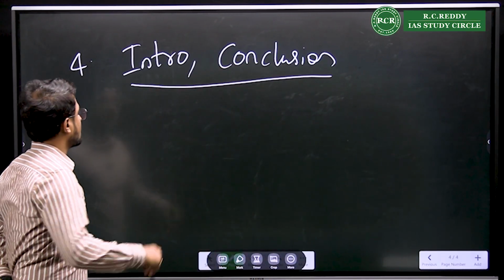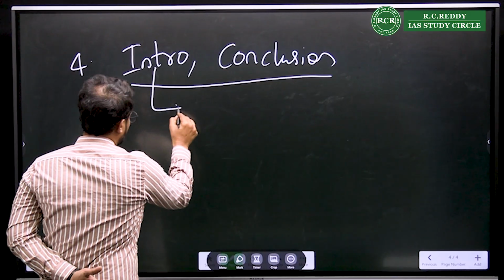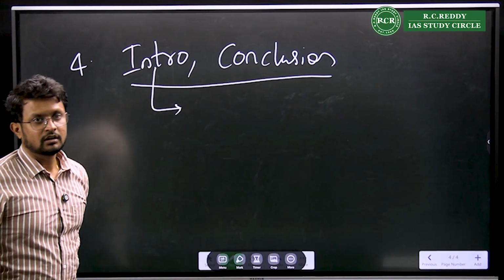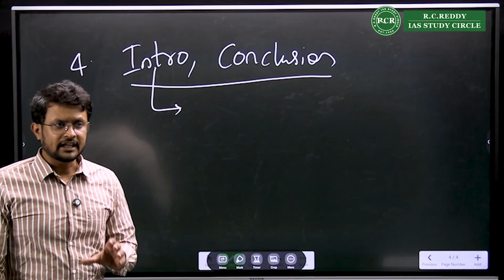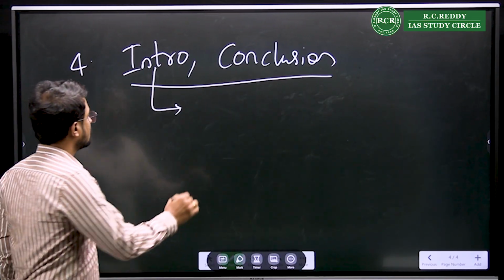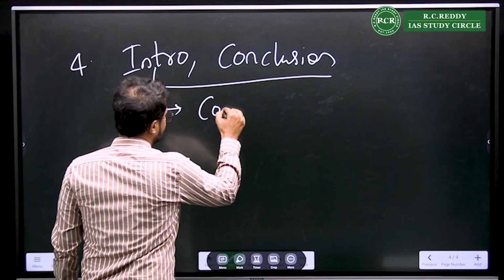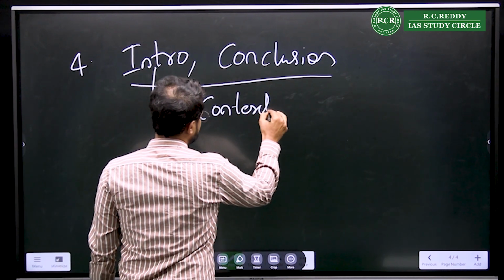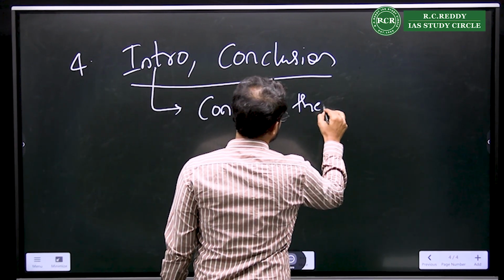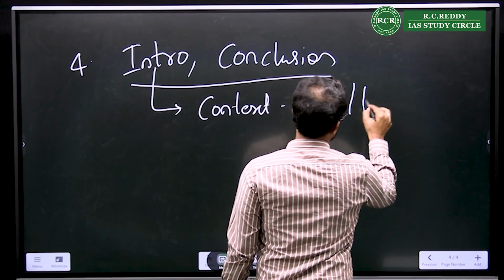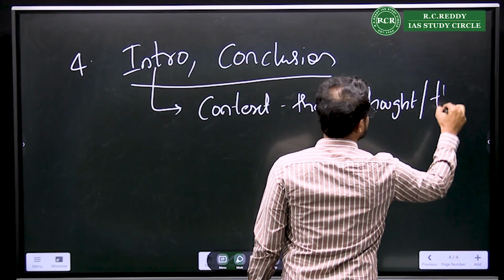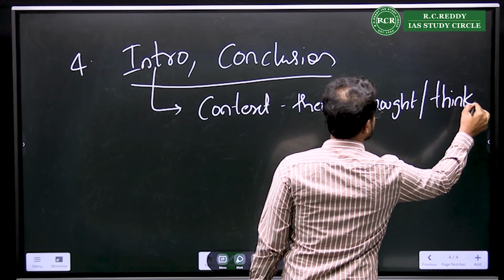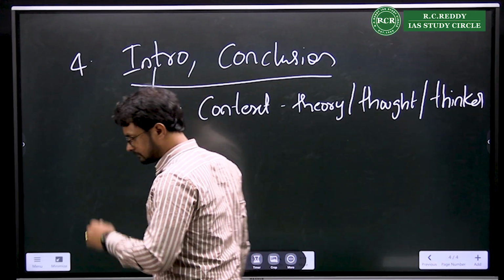In introduction and conclusion, some of the guidelines that you can follow is, for introduction, it is better to look at the context of the theory or the thinker, right?